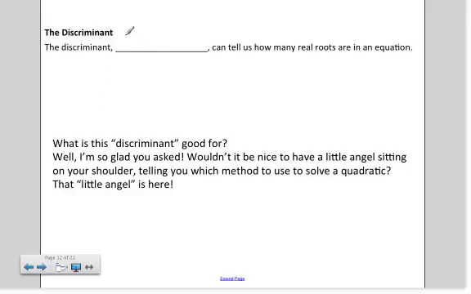The discriminant, which is b squared minus 4ac, doesn't that sound slightly familiar? It can tell us how many real roots are in an equation. You might be asking, what is this discriminant good for? Well, if you remember, b squared minus 4ac is the stuff underneath the square root in the quadratic formula.